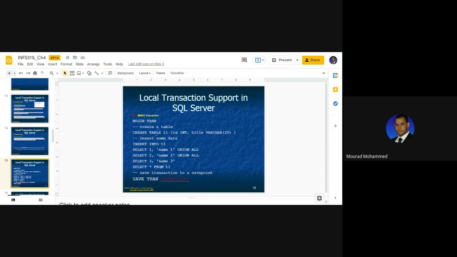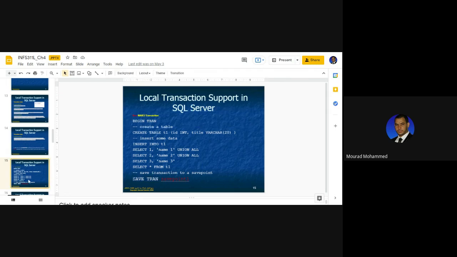Here we create a table, an entity. We are inserting some values, and then after we are generating a save point. The one in red here is just user defined, but the keyword is save, and then we're creating a point here, usually with a name, save point one.